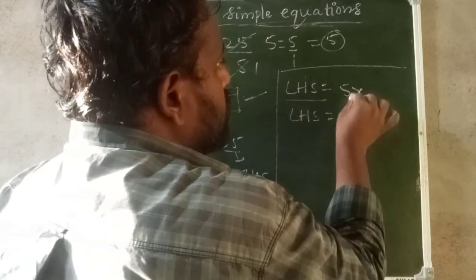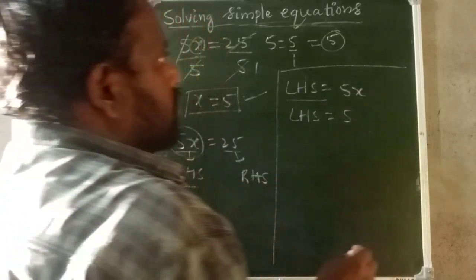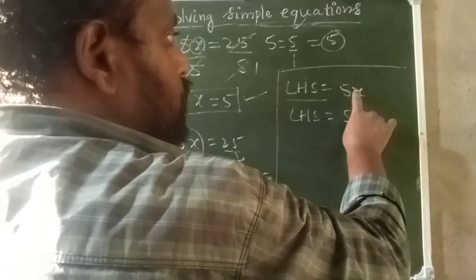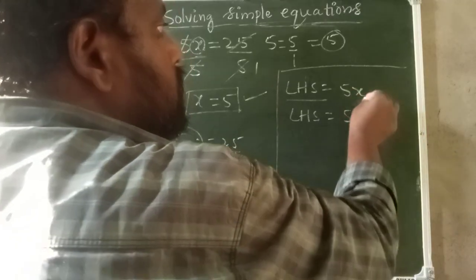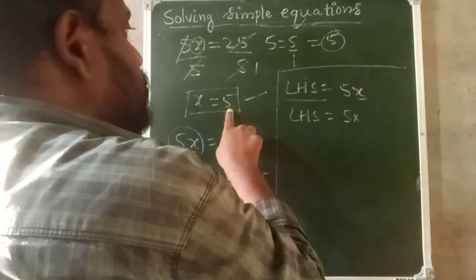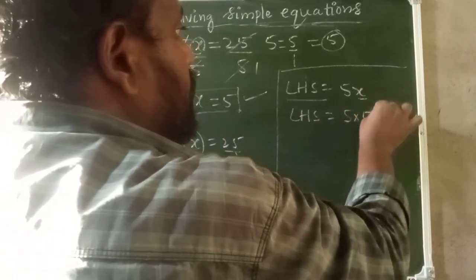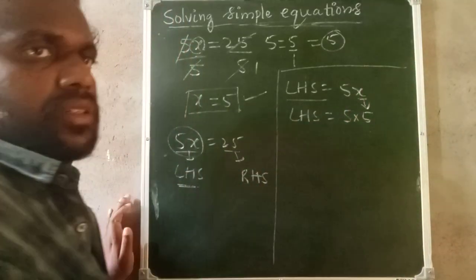LHS is equal to this 5. So I told 5x means 5 into x. There is into here. So I will write into. So in place of x, I will write 5 because x is equal to 5. Okay.